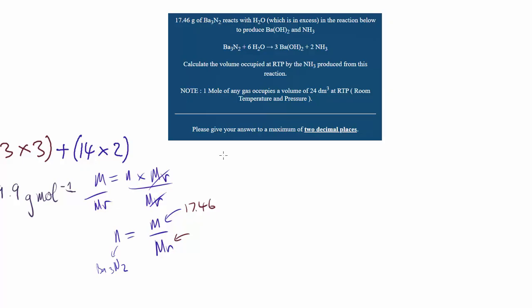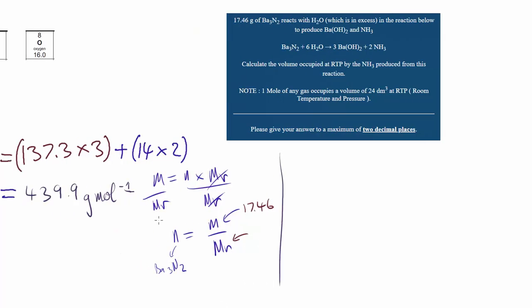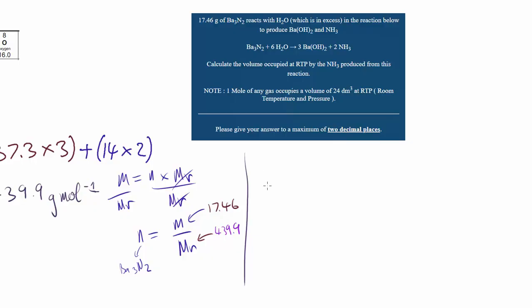So let me actually write that here just so you have clarity. 439.9, right? So we did need to actually run that calculation, right? So the number of moles of the Ba₃N₂ is therefore going to be equal to, and remember that was grams, right? So just for the mass, and then that's grams per mole.